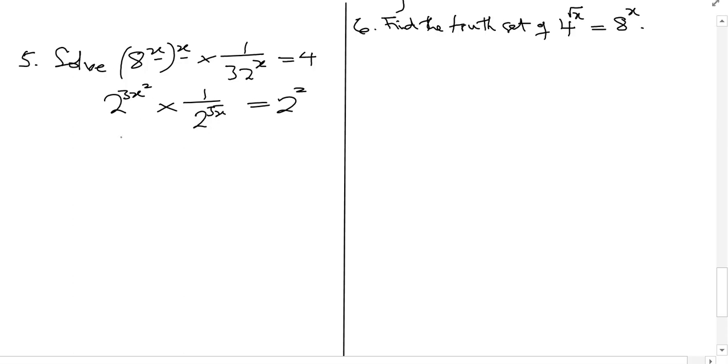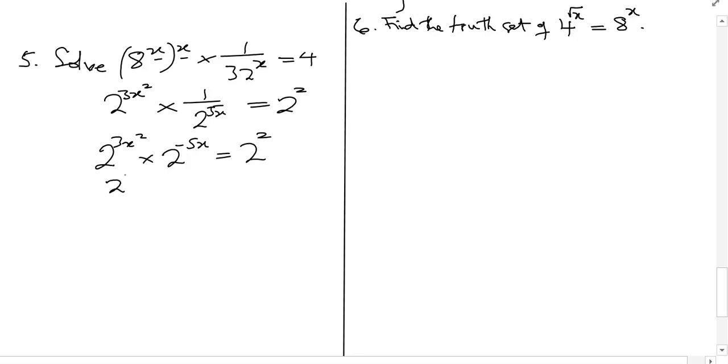So with this part, I'm going to write this as 2 to the power 3x squared times 2 to the power negative 5x, because it's 1 over 2 to the power 5x, this is the reciprocal, is equal to 2 to the power 2. And since they are multiplying, I'll add their exponents.